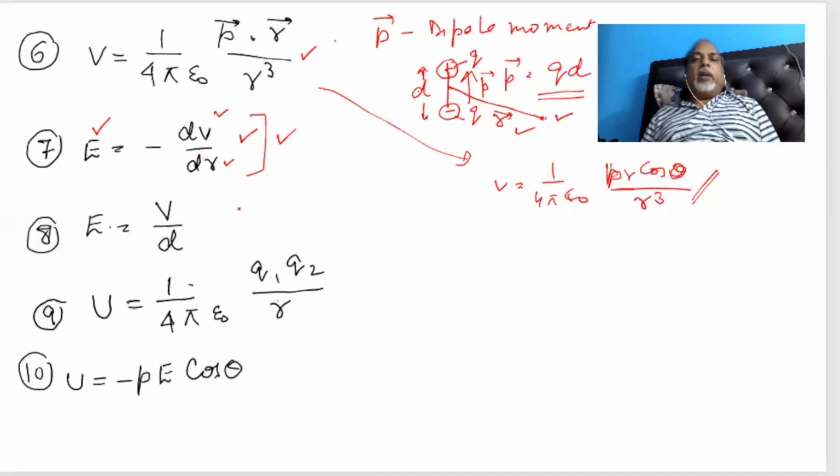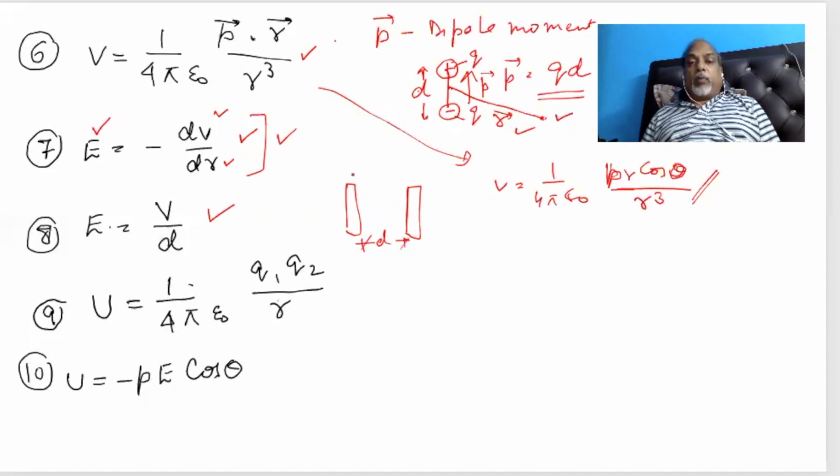And in case of parallel plates, E is equal to V by D. These are parallel plates, and if they are spaced at a distance D, correct?